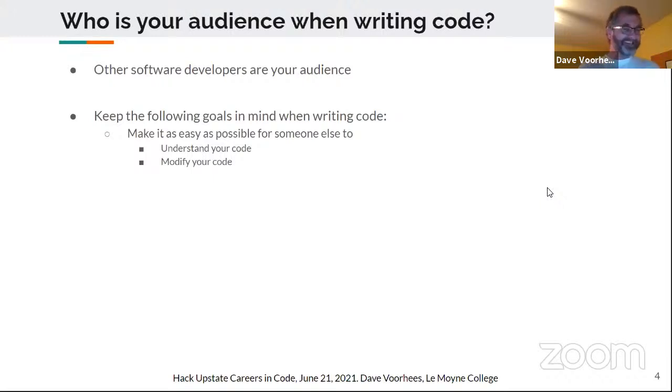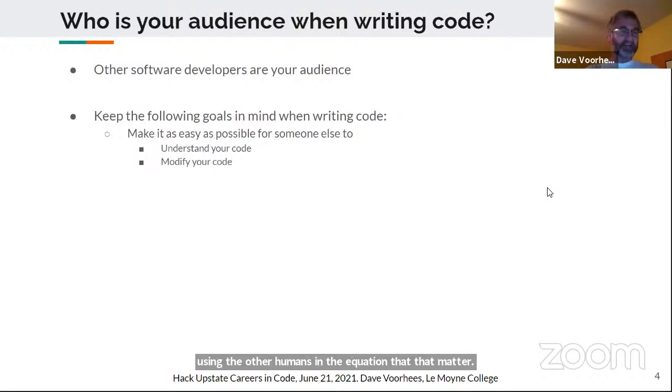It's the other humans in the equation that matter. And so we had chat comments talking about formatting. Absolutely, that's very important. And someone said short or make it easy to understand. All of that's very important.